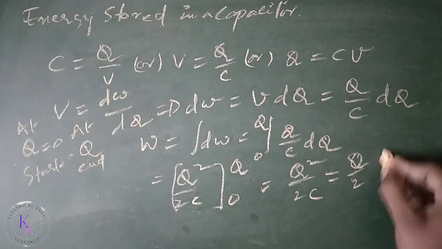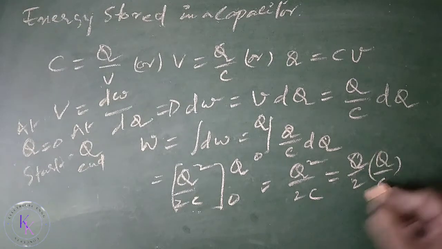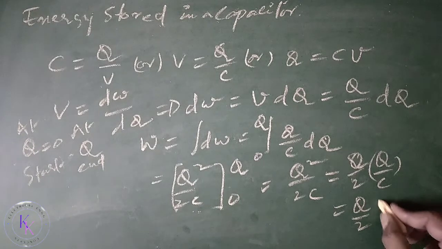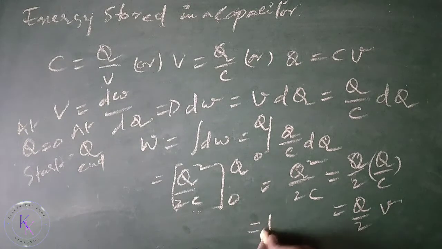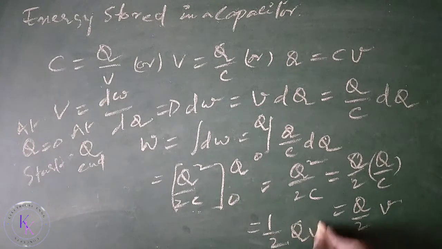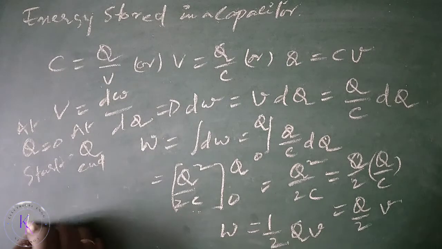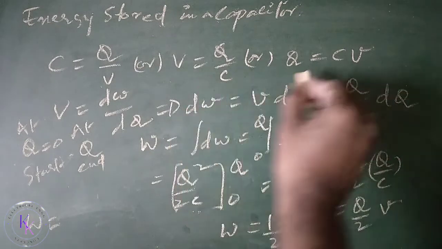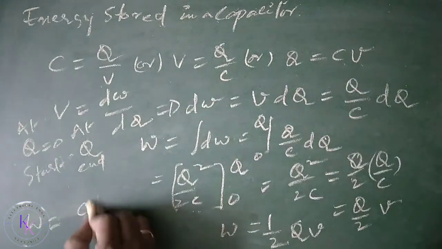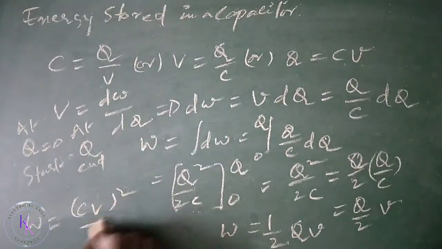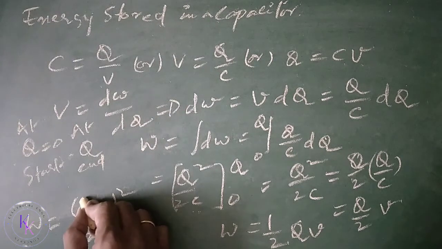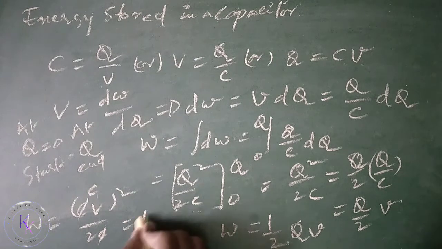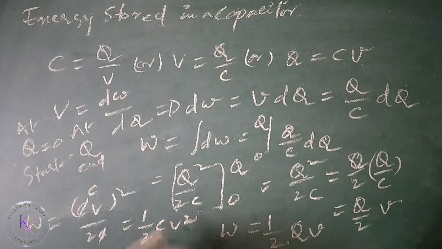That is Q by 2 times Q by C, and Q by C is nothing but V, so half QV. Replacing the charge Q with Q equals CV, W equals C square V square divided by 2C. One C gets cancelled, and another C remains, so half CV square.